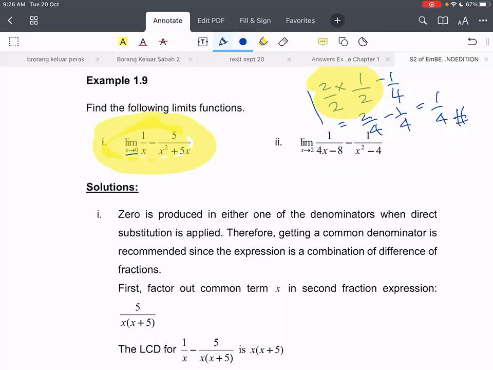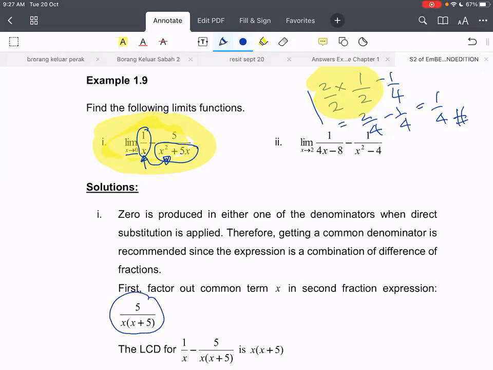So the solution is that, if you think quick, fast, you know that you need to do something with this term, right? You need to get the denominator for this term following this, am I right? So to do that, however, you need to solve this one first. You need to factorize it.